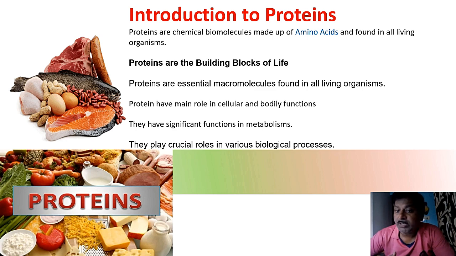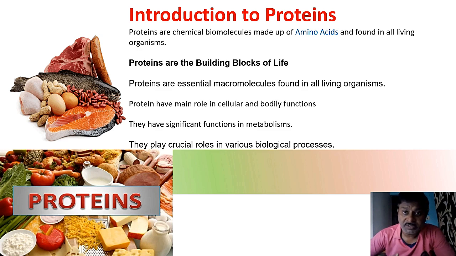A molecule is any chemical compound made up of atoms, distributed not only on the earth but anywhere in the universe. What is a biomolecule then? A biomolecule is also a chemical molecule made up of atoms, but it is present in the living system. So any molecule present in a biological system is called a biomolecule. Proteins are one such kind of biomolecule.